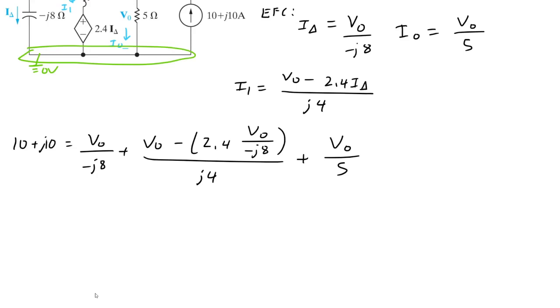Okay, so it's going to simplify a bit. It's going to be 10 plus J10, VO over J8.